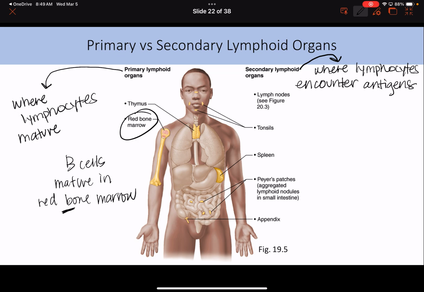So in the secondary lymphoid organs is where they're going to come into contact with potential foreign antigens that they'll have to capture and destroy. Our primary lymphoid organs where lymphocytes mature are the thymus, where the T lymphocytes mature, and our red bone marrow, where the B lymphocytes mature.